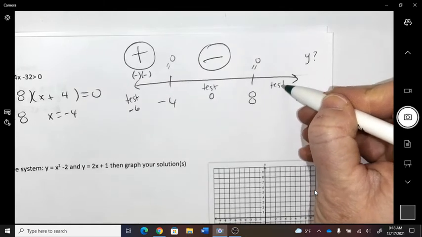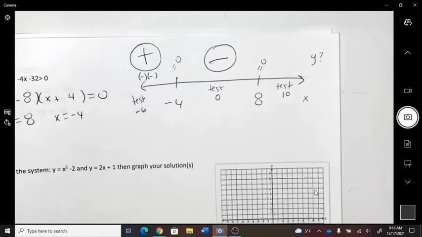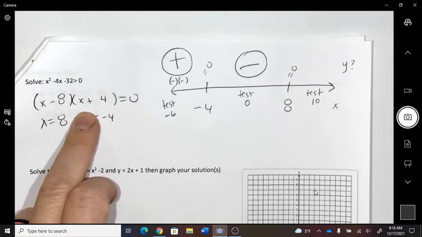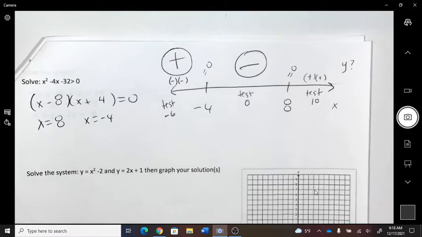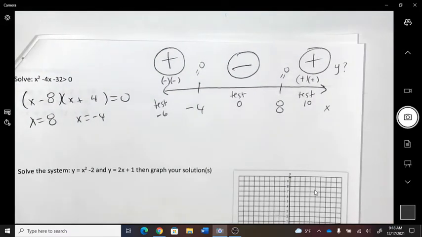Okay, and the last, I'm going to test anything above 8, so I'm going to go with a 10. So 10 minus 8, positive. 10 plus 4 is positive. 2 positives, positive.